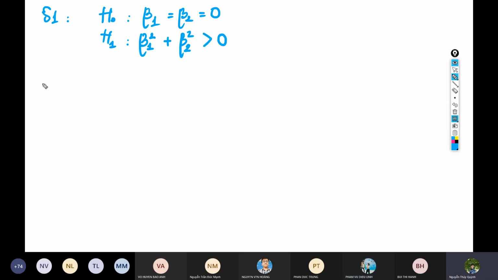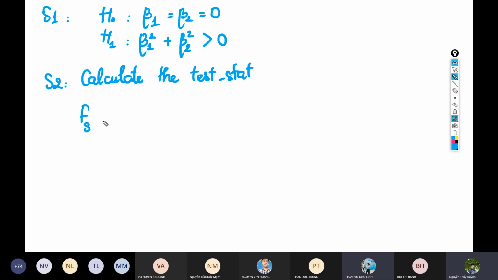Good. Now in step 2, we have to calculate the test statistic. So what is the F statistic?